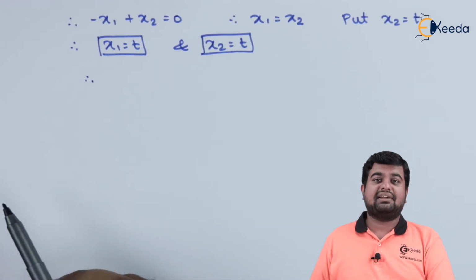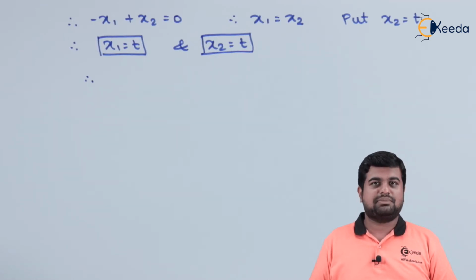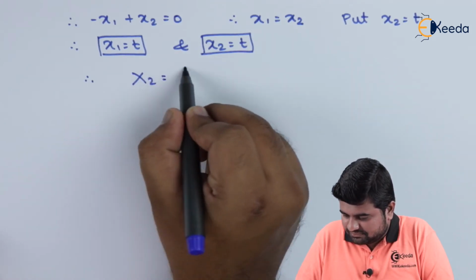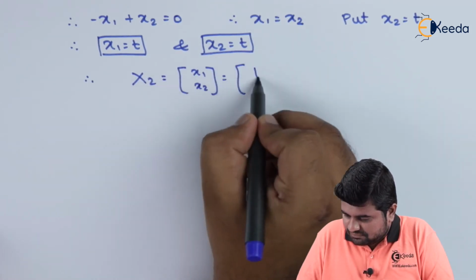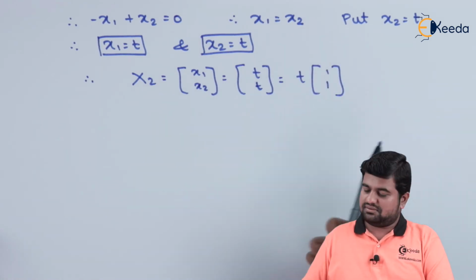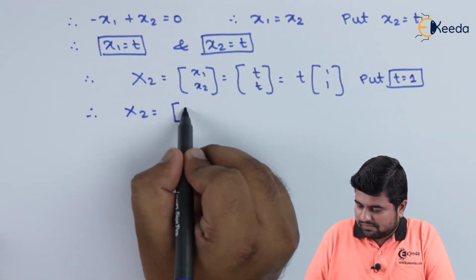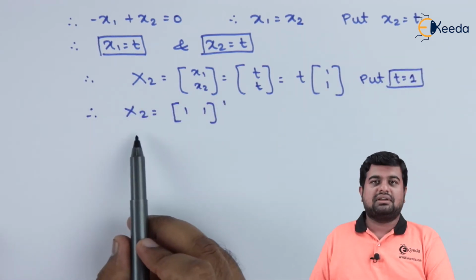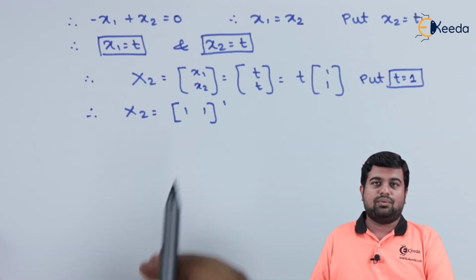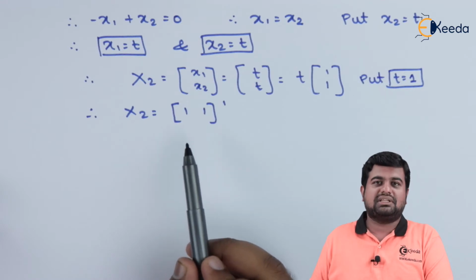Therefore, the second eigenvector, x1 and x2, is equal to t and t. From that, we are going to take t common and we are going to have 1 and 1 as my final answer. Putting t is equal to 1 over here, we have got the second eigenvector as 1 and 1.